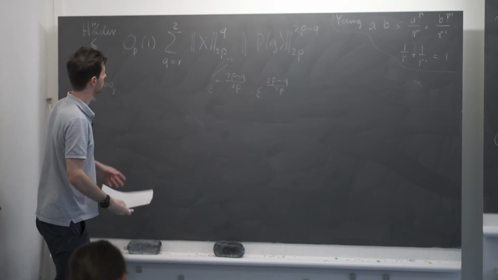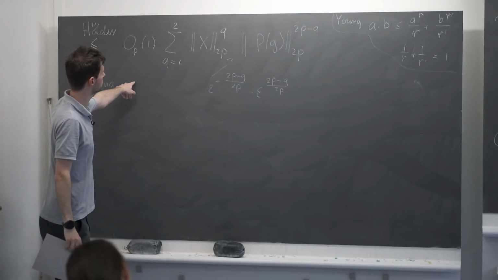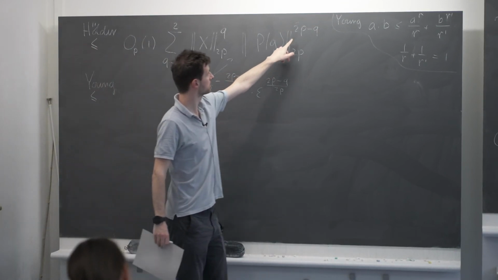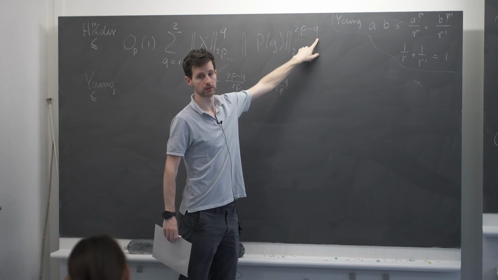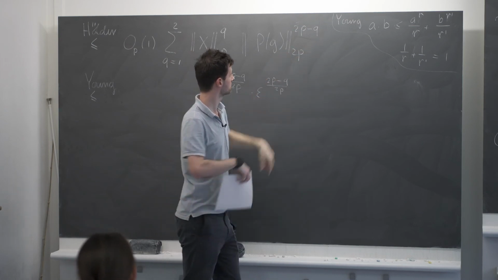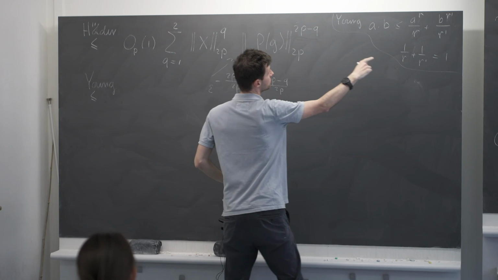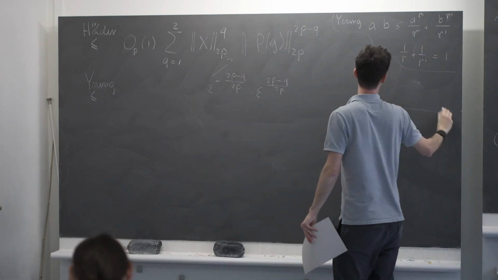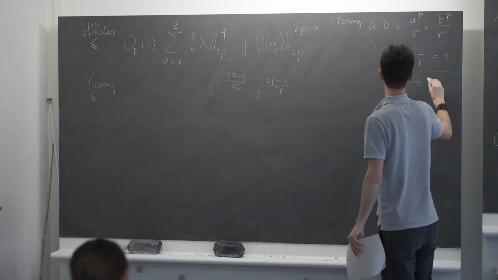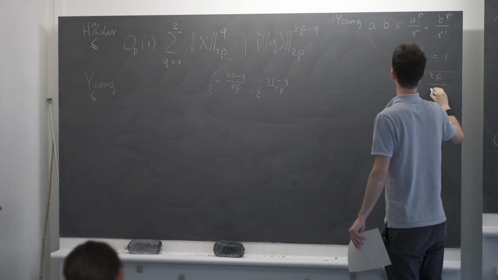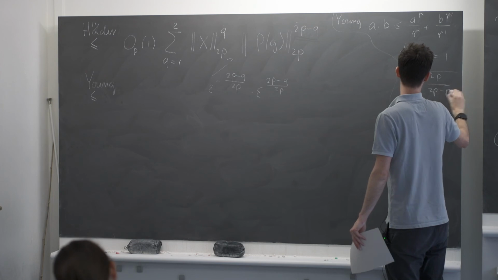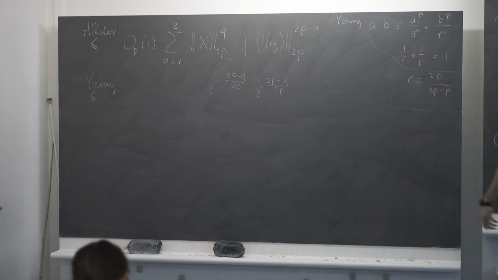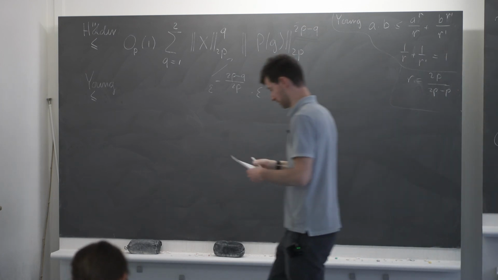It's Young's inequality. So if you apply Young's inequality, the exponents to choose are clear. I choose the exponents in such a way that I make this equal to 2p. So I want to exponentiate this, which would be, let's say, the r. I would choose my r to be equal to 2p over 2p minus q, yes, thank you. Then everything else is defined.